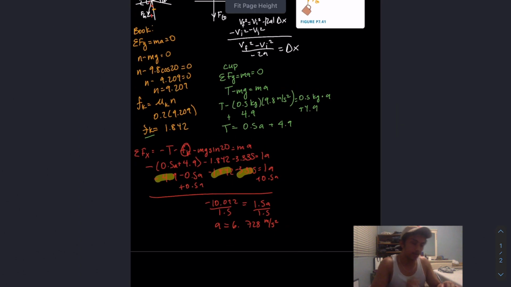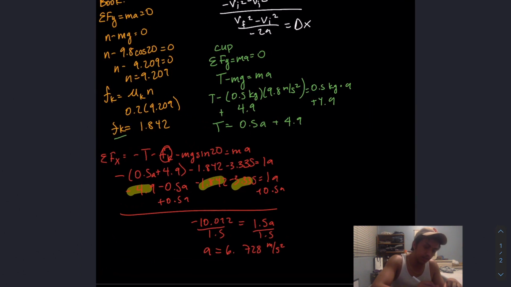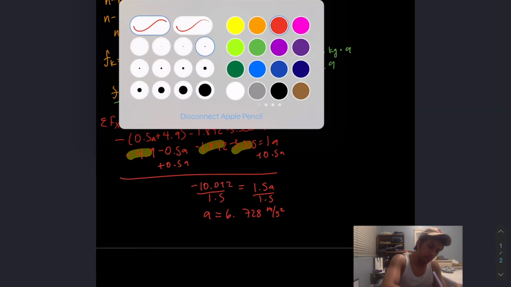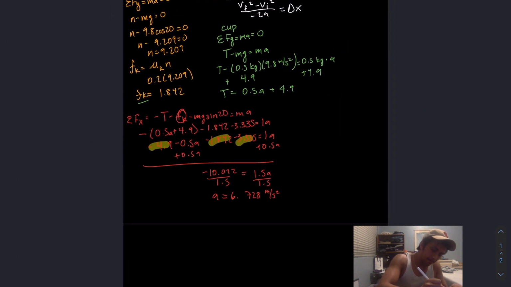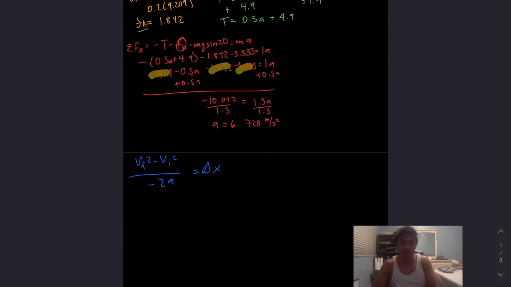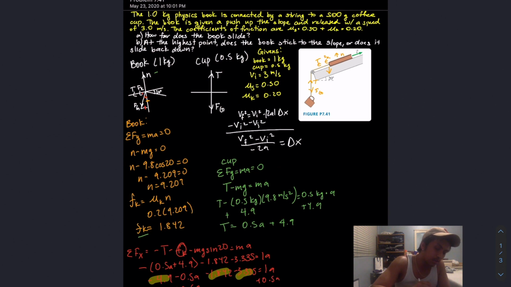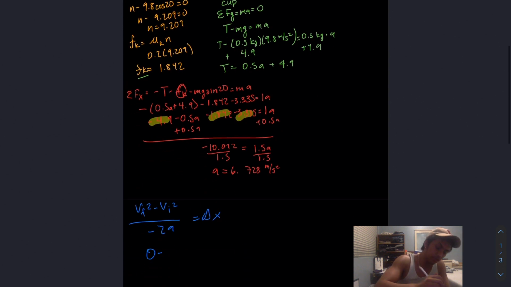Now with that a, I can go back to the kinematic equation that I wrote up here, and now I can just plug in. So let me rewrite this: Vf squared minus Vi squared over negative 2a plus delta x. My Vf squared is going to be 0 because the book is going to be at rest. And it said that originally it was pushed up the slope at 3 meters per second, so 3 squared, minus 2, and then my acceleration is right here.